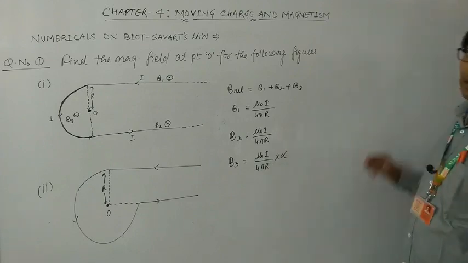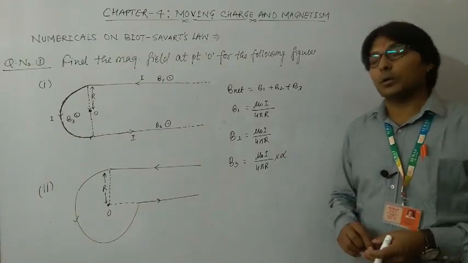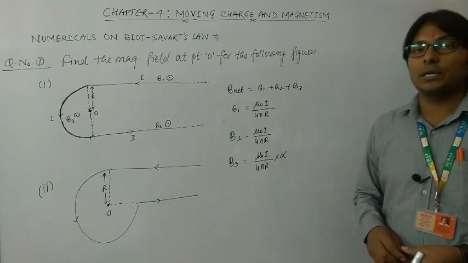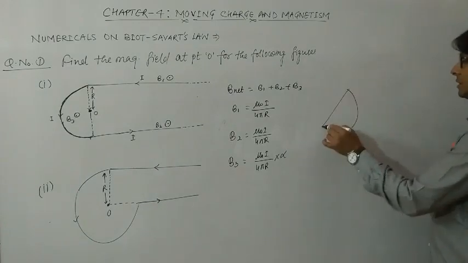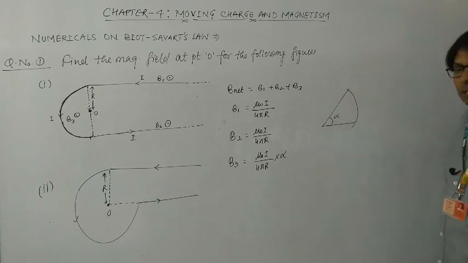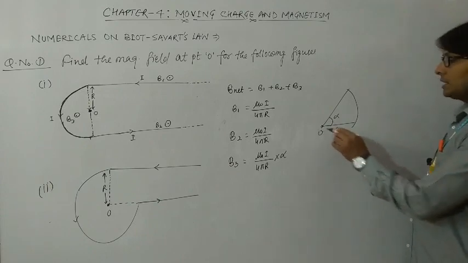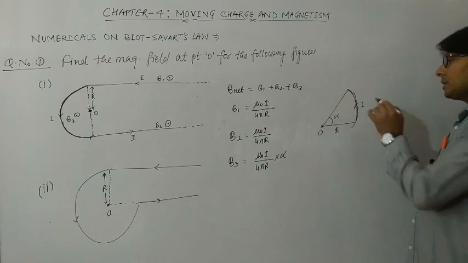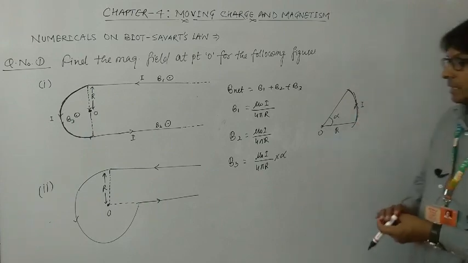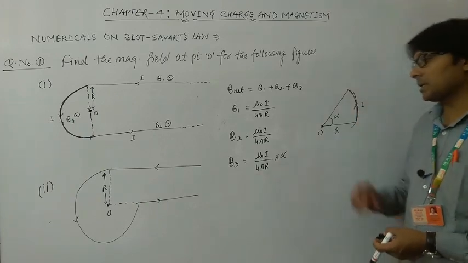If you can recall the special case, suppose this is an arc subtending angle alpha and the radius is r, then the magnetic field at the center point O due to this arc, with current I flowing through it, can be written as mu 0 I upon 4 pi r into alpha.